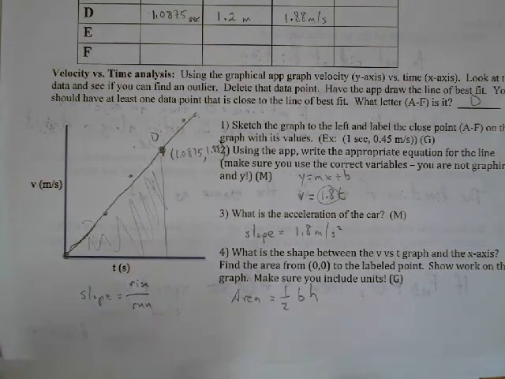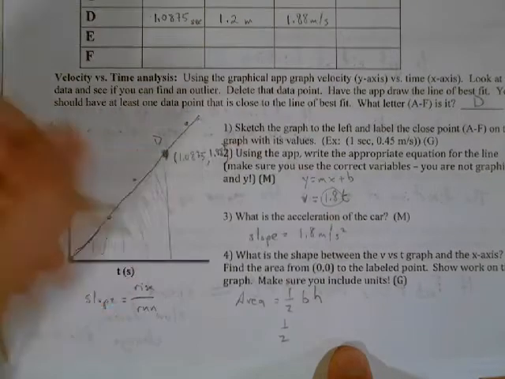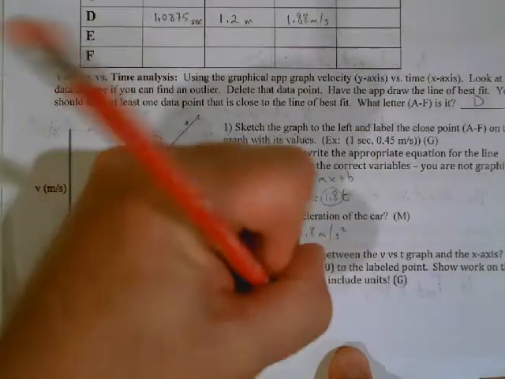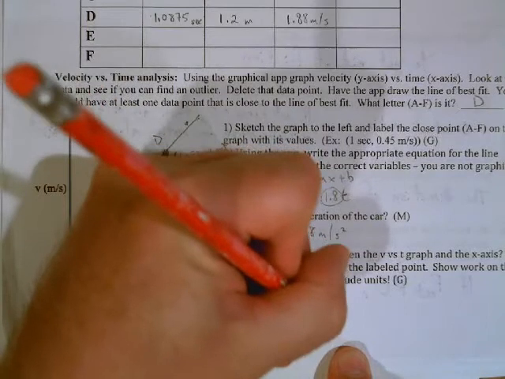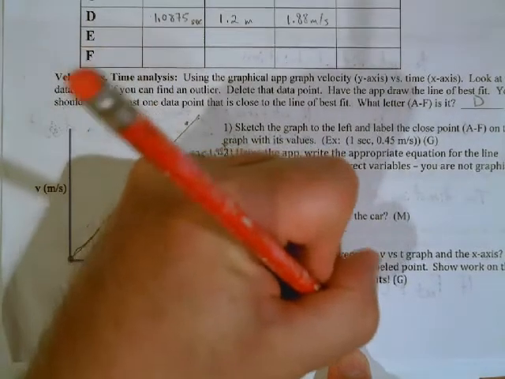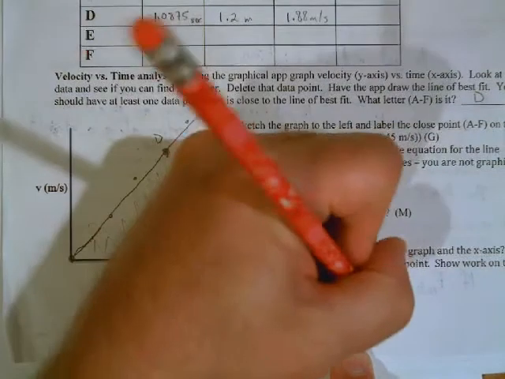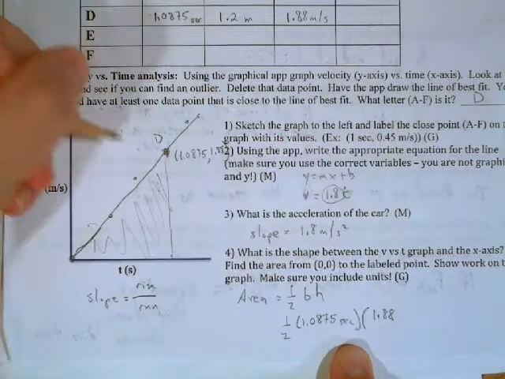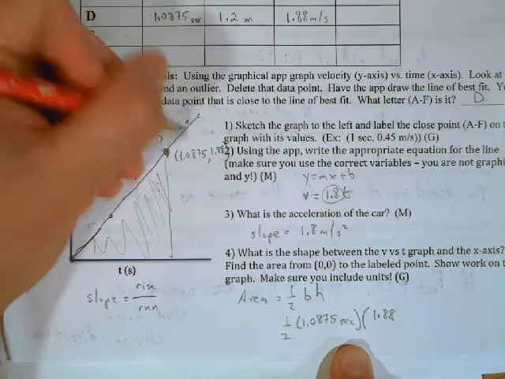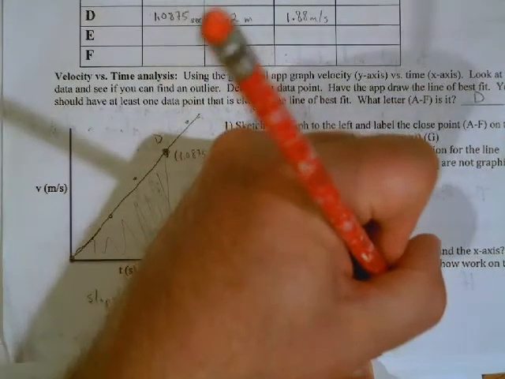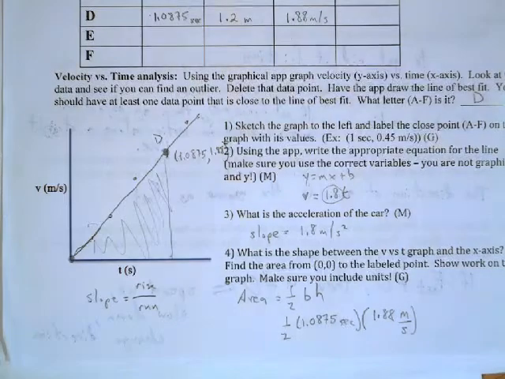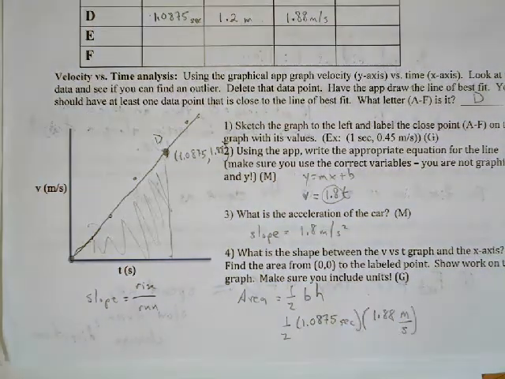Okay, so if I see these same numbers, I'm not going to give you credit. You're going to have to do your own and think. But my base, the base of this triangle, is 1.0875 seconds. The height of that triangle is 1.882, or just, I guess, 1.88 meters per second.